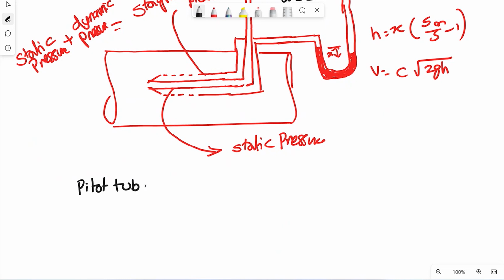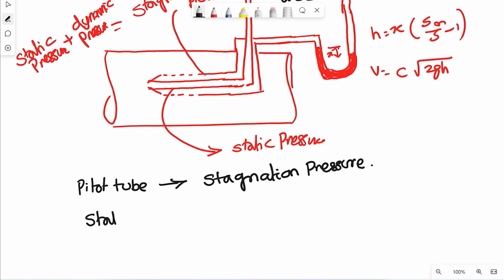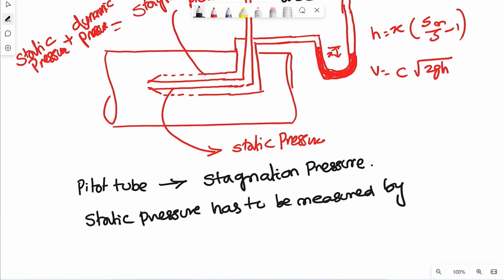The pitot tube always measures the stagnation pressure. Remember it. The static pressure has to be measured by a piezometer, right?